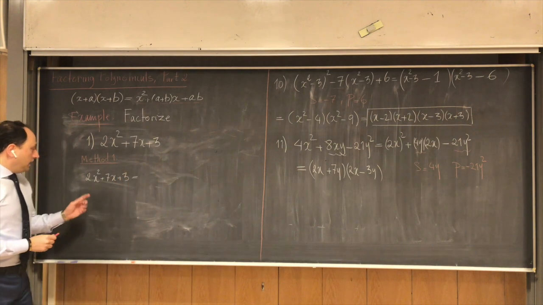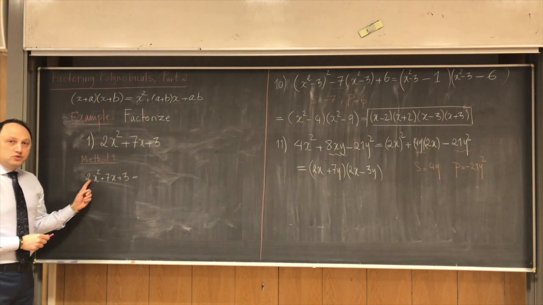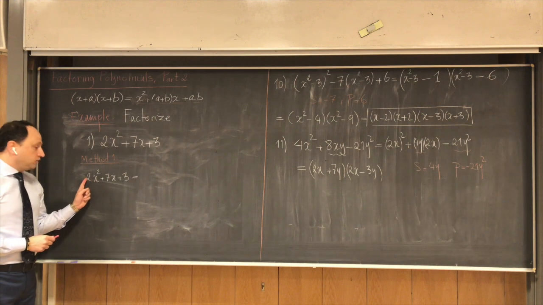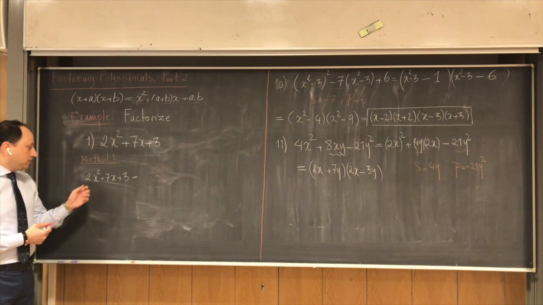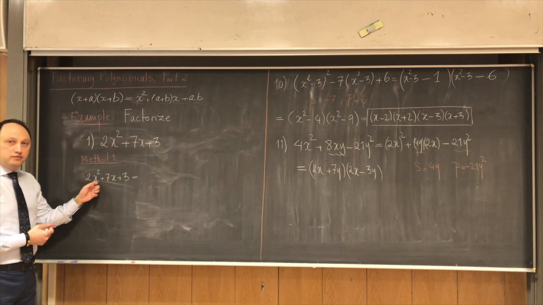For making this a complete square, I need a factor of 2, because if instead of 2x squared I had 4x squared, then that was a complete square. But of course, this is not 4x squared.